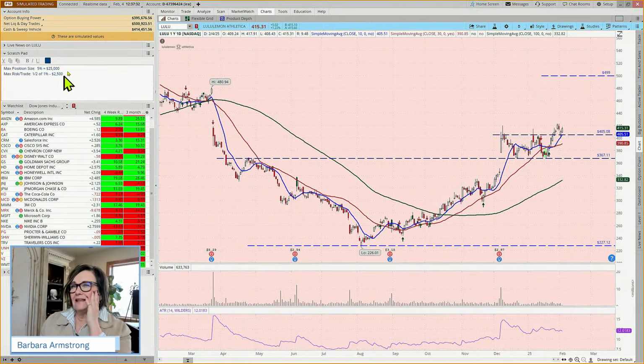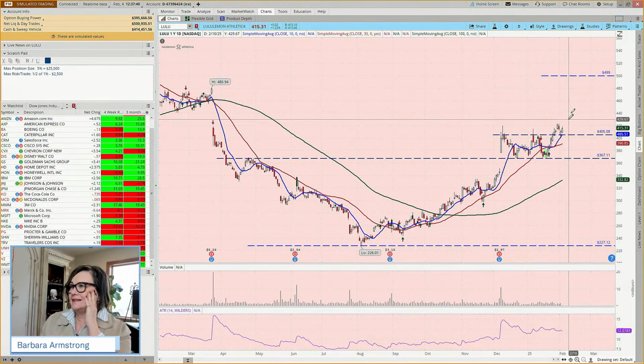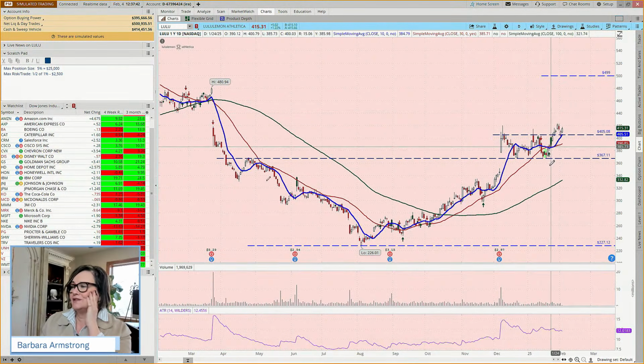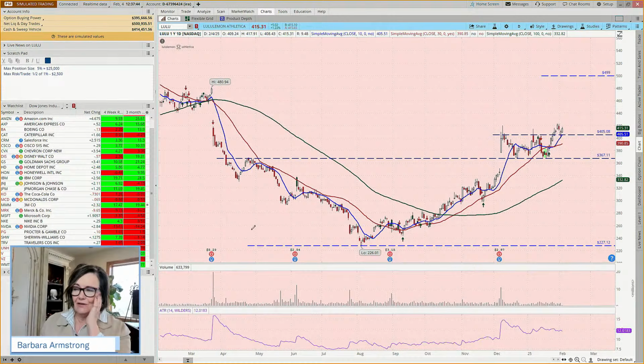So maybe we knock it down to 50 shares and get a little closer to that 2,500 number. And the intention is if this continues to go up, we're going to move the stop from being down here to up here, once we have a higher degree of confidence that this support resistance level is going to continue to act as support.